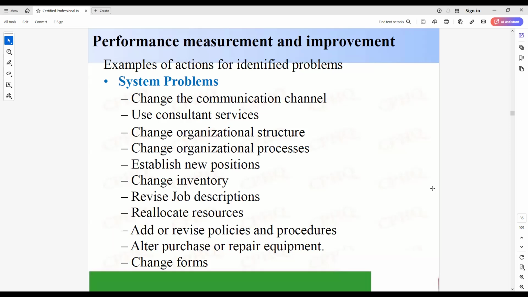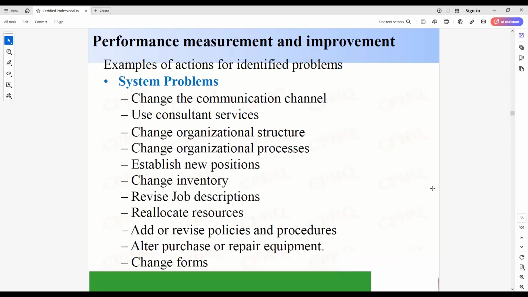Knowing and not doing that is a system problem? Knowing but not doing. This is not a knowledge deficit. It's also not a system deficit. This is intentional. Compliance. Yeah. So system problems.